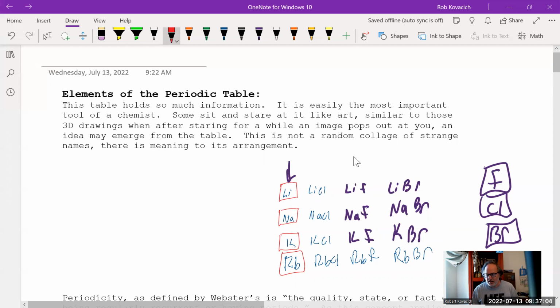If you grab your periodic table, you can see that fluorine, chlorine, and bromine are there, one on top of each other, and then iodine is next. Iodine belongs in this family, but it would only belong if LiI was a thing, and it is.